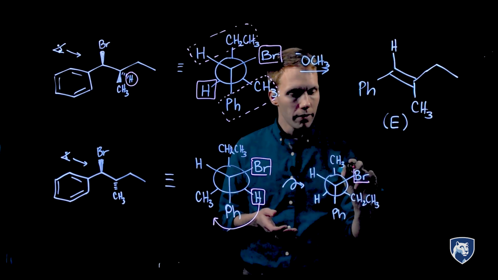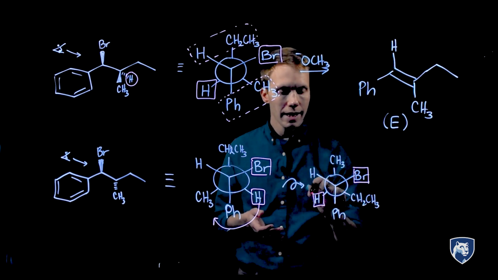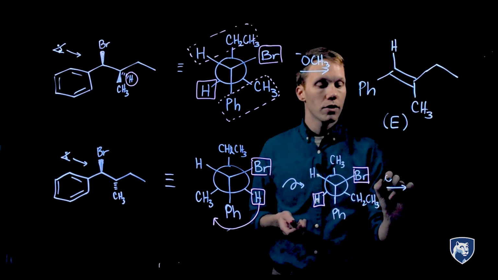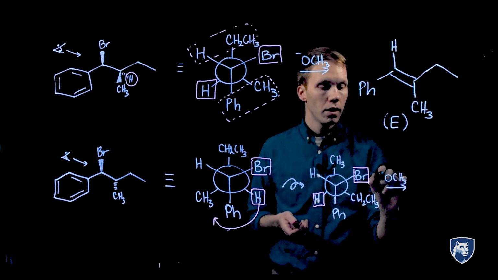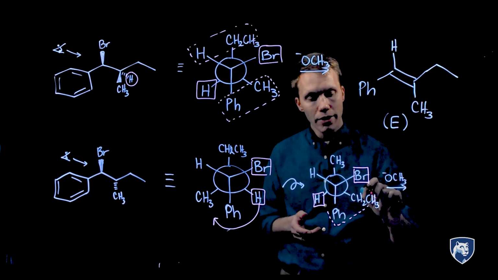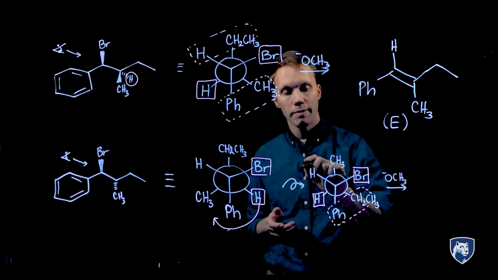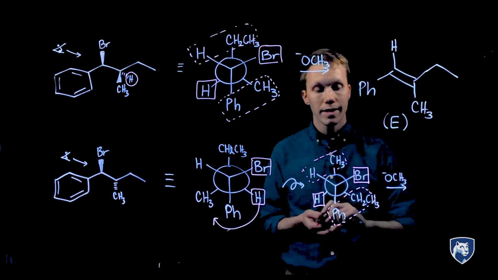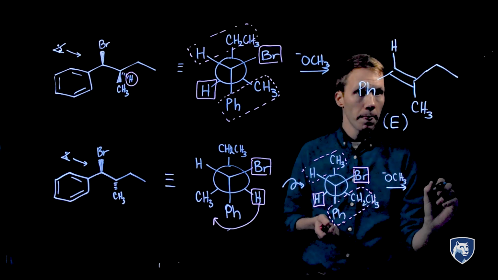And I have the leaving group and beta hydrogen anti now. So this is the reactive conformation. After elimination, we'll find that the phenyl group and the ethyl group will be on the same side of my alkene, and the hydrogen and the methyl group will be on the same side of my alkene.